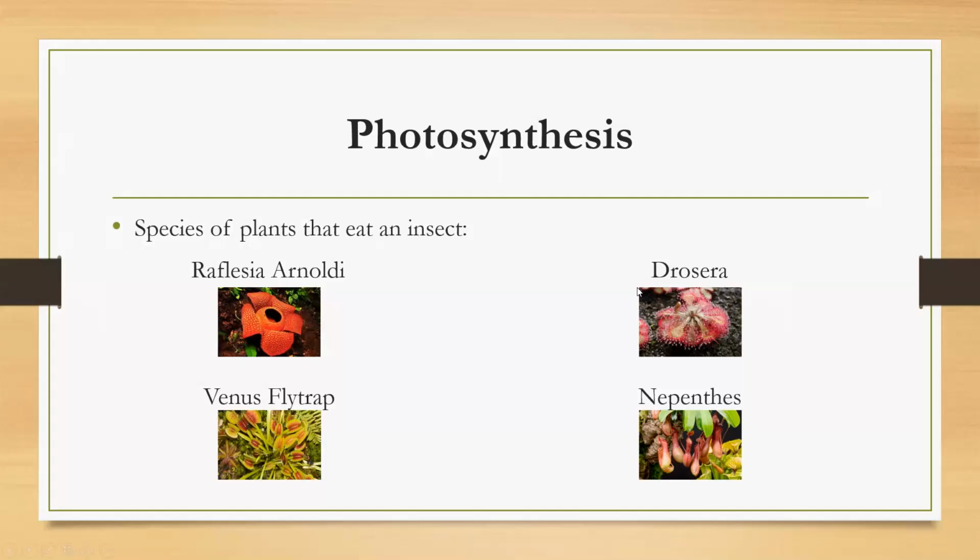And then there is Drosera. Drosera has something like tentacles at the end of its leaf. So when there is an insect over the leaf, it will curve to eat the insect.